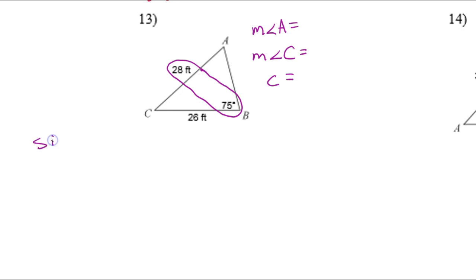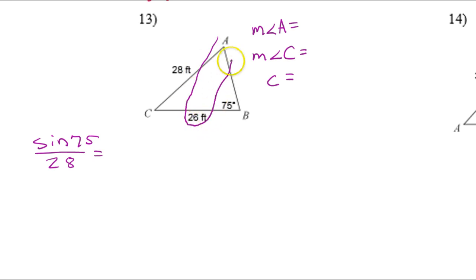So let's start off setting up the law of sines. The sine of 75 over 28 will equal whichever other pair we want to do next. Well, the only other number we have right now is this 26, and that is across from angle A. So let's go ahead and do that.